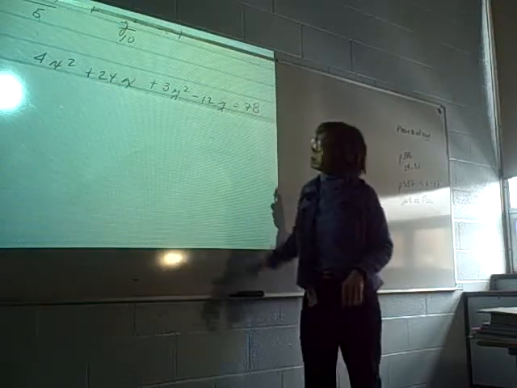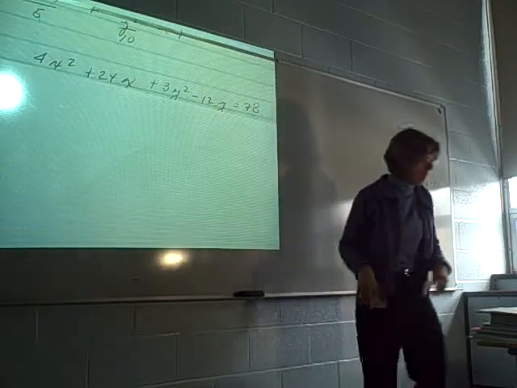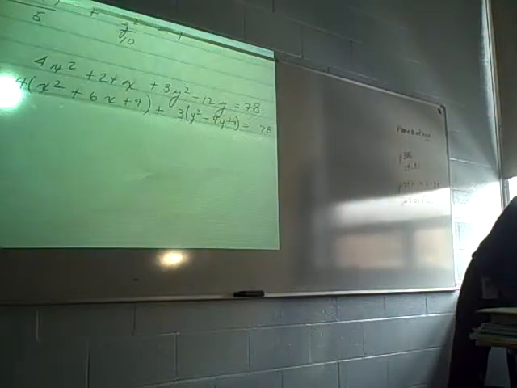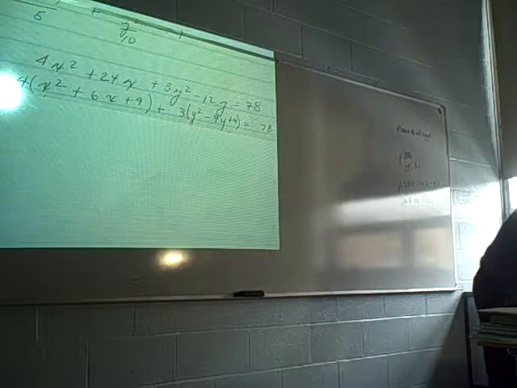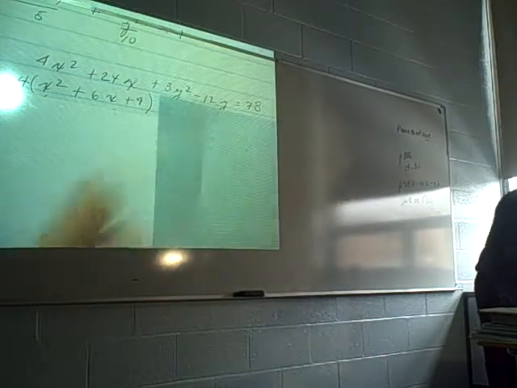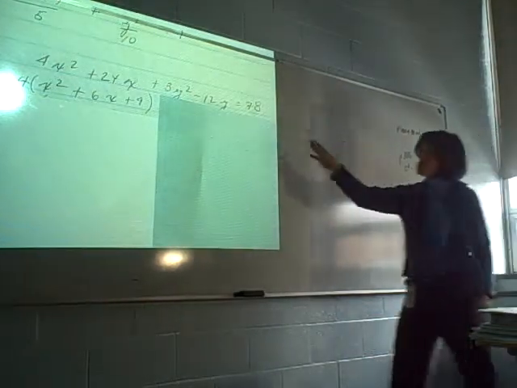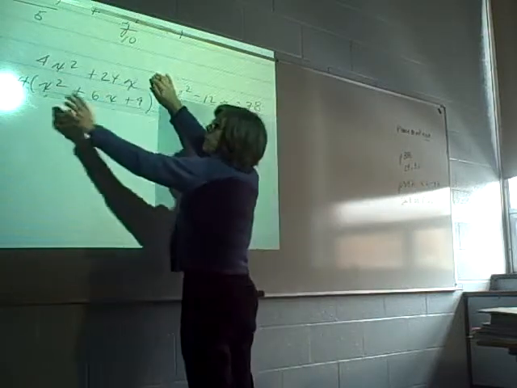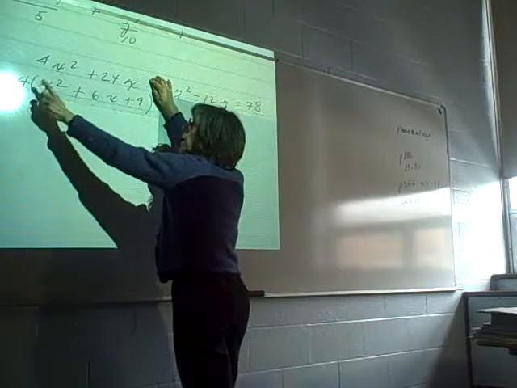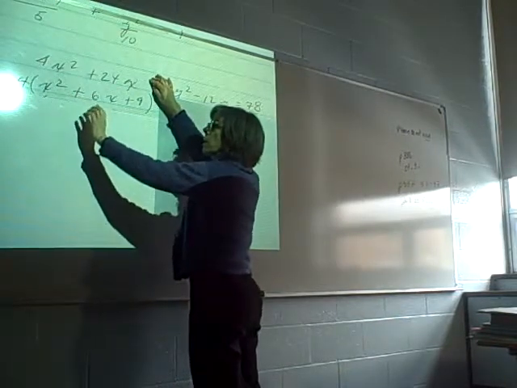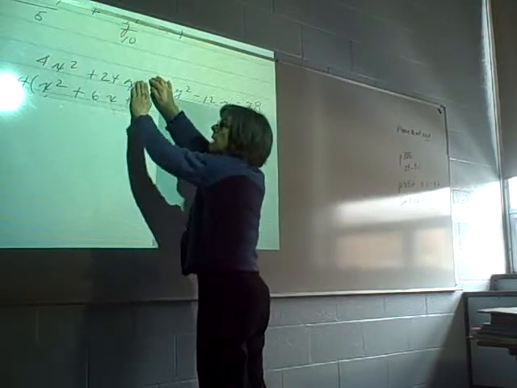I'm breaking this in half. Just dealing with this, I'm going to complete it. First I pulled out the 4. I could see that there was a common factor of 4. So I have 4 times x squared plus 4 times 6x.